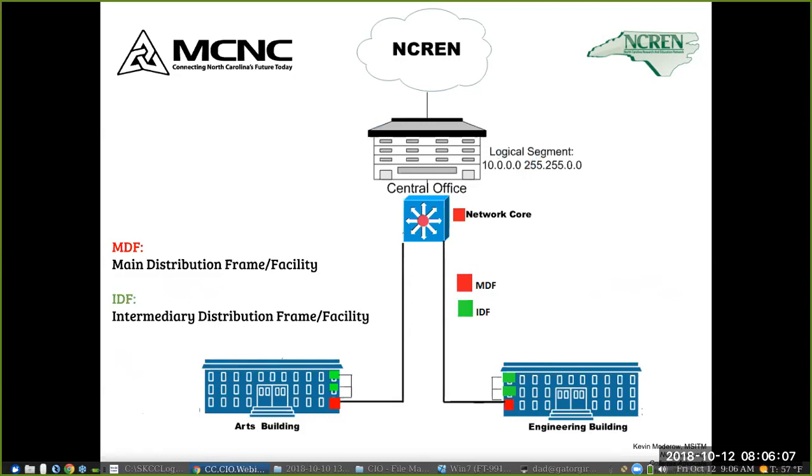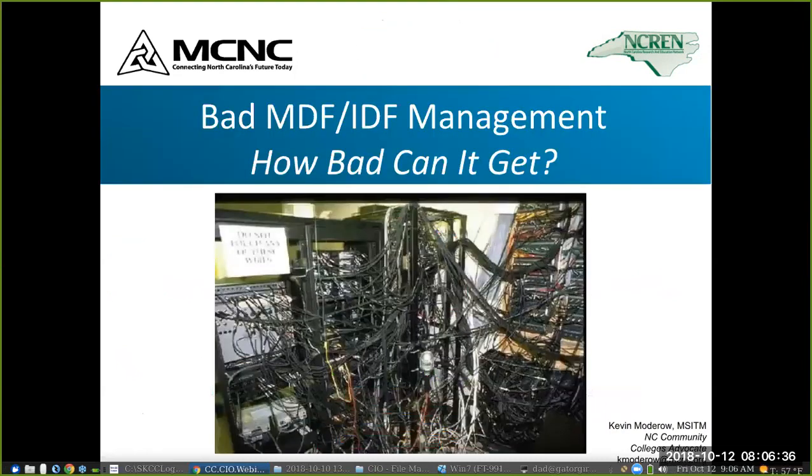This is also the MDF that is unique in that it has the NCREN connection ingress as well. So a building always has an MDF, and that's where we want to start when we're making any evaluation. It may have one or more IDFs that are uplinked to that MDF. And traffic typically all goes back to a network core where the internet connection is also located.